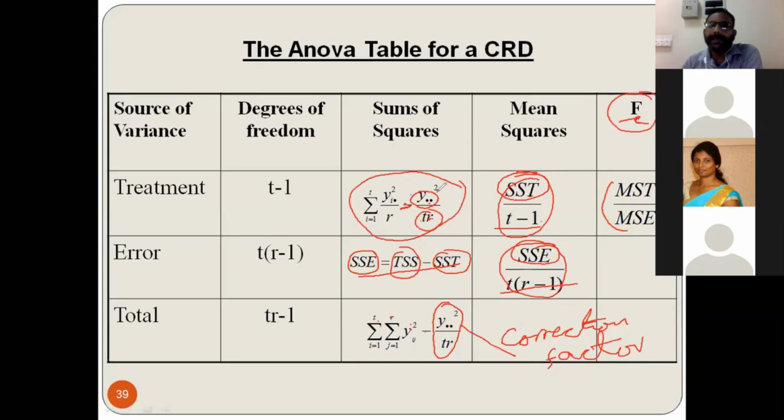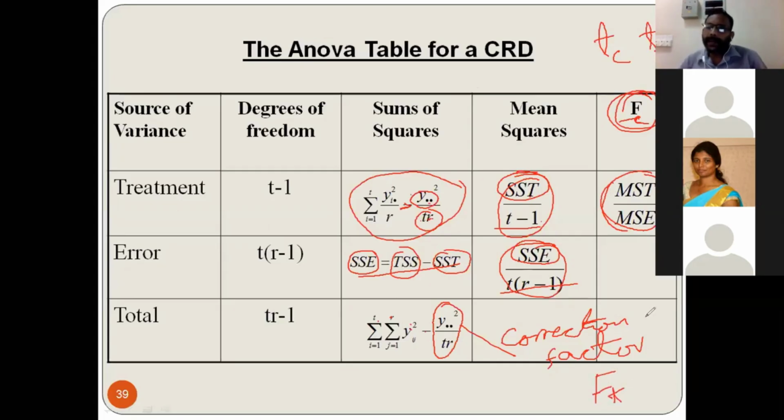Can you remember in the first course we talked about TC, the T calculated value, and TT, the table value. Similarly, we have the F calculated value, FC, which is calculated from this ratio, and also we have the FT table value.